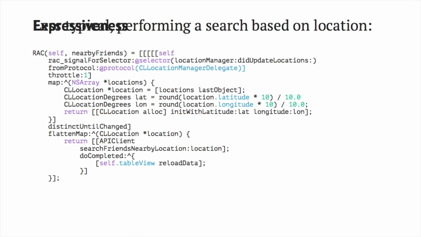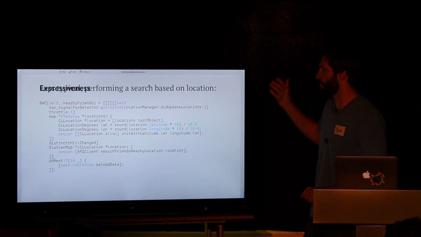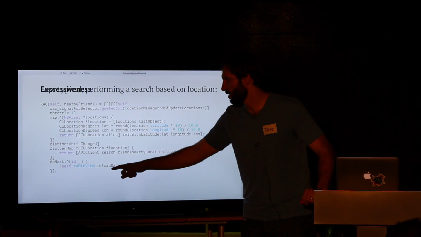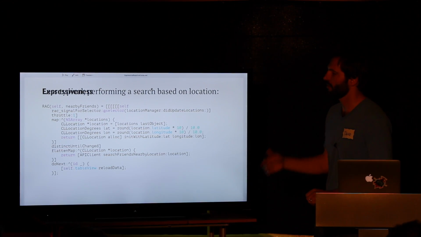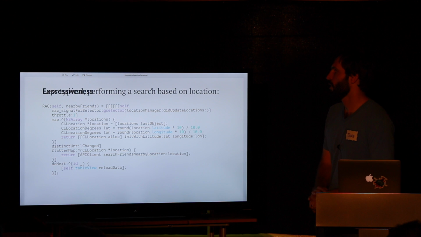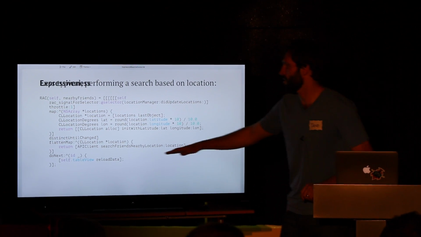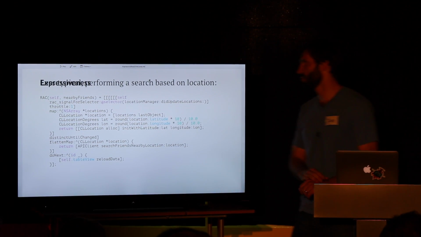Again, going from top to bottom, we're taking input from a delegate method, so that's the OS or Core Location framework giving us some input, and then at the end, we're telling a library that's not ours, UIKit, to reload some data. So we've managed to go from one end to the other and kept all that code in one spot.